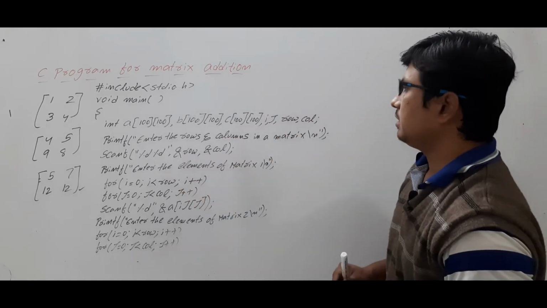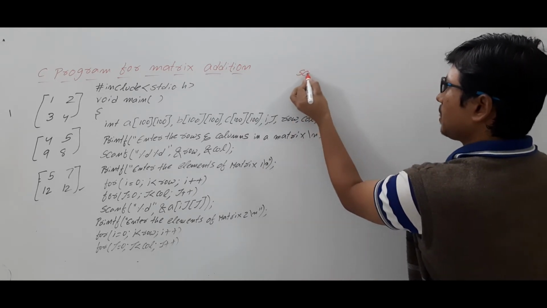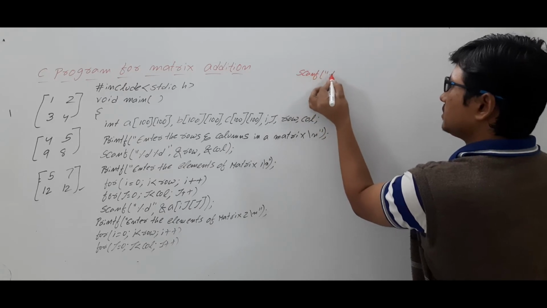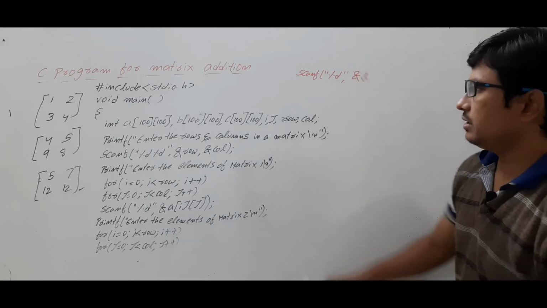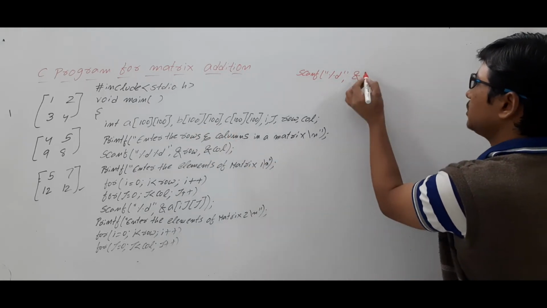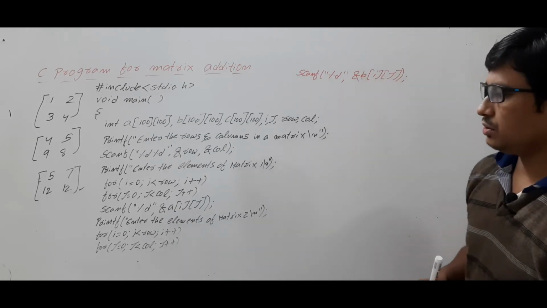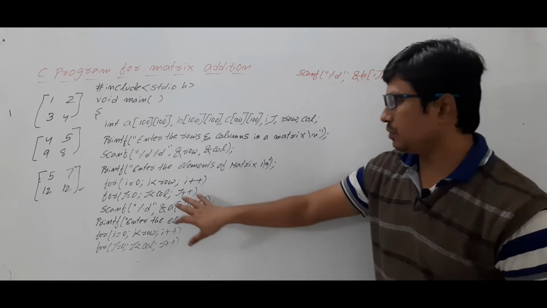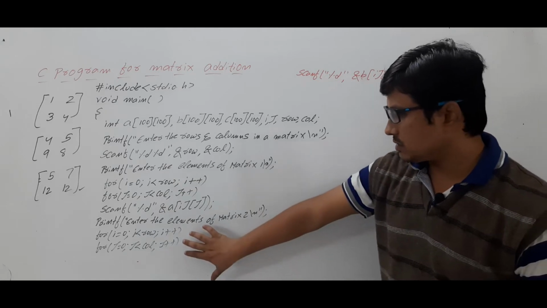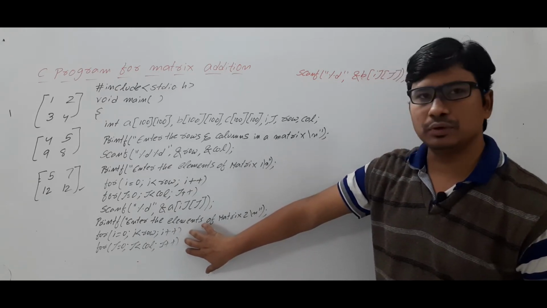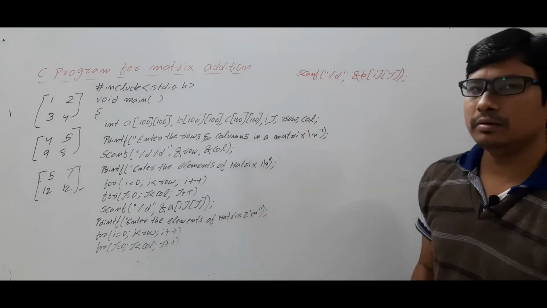Then I use scanf with %d and ampersand, now not A but B, so you store the values in the array B. This code helps you read the elements from the user and store them in matrix 1, and similarly this code asks the user for the elements of matrix 2 and stores them in matrix B.